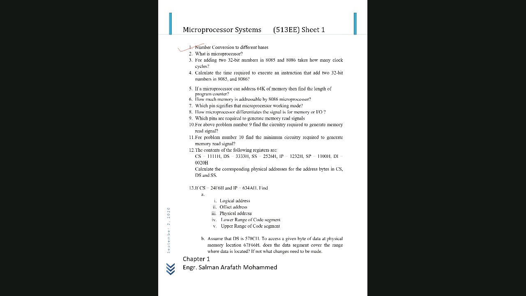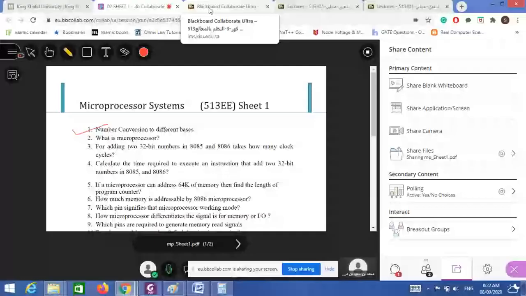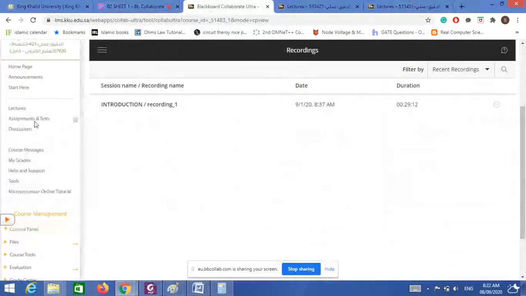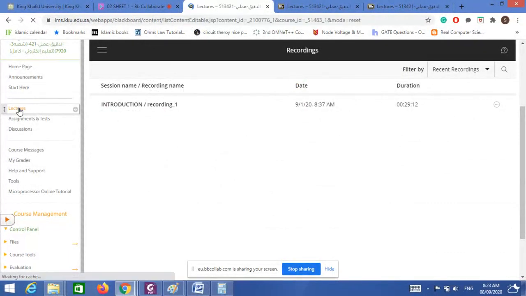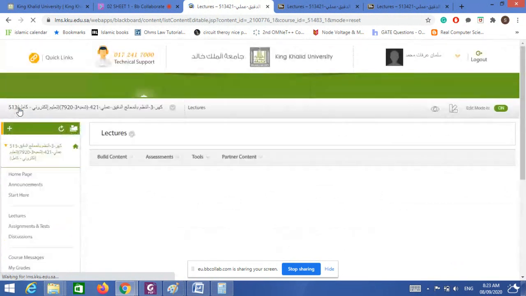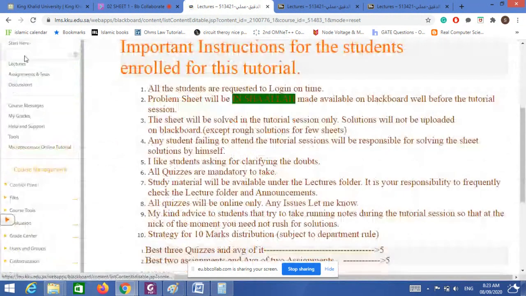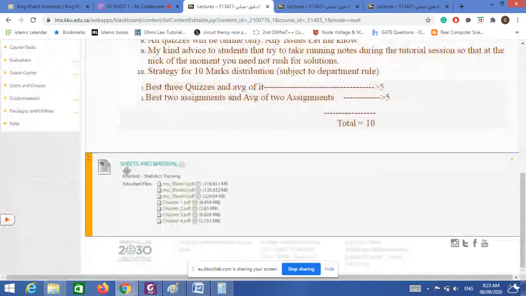Go to lectures. In lectures, you will find this sheet. If you want, I will show you. Just go to this Blackboard and click on lectures. When you click on this lectures folder, you will see sheets and material. Here you will see sheet 1, sheet 2, sheet 3.